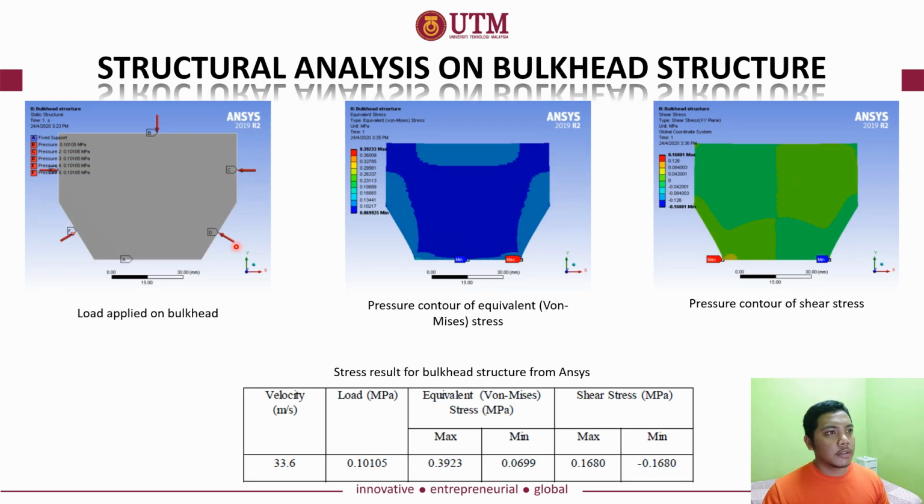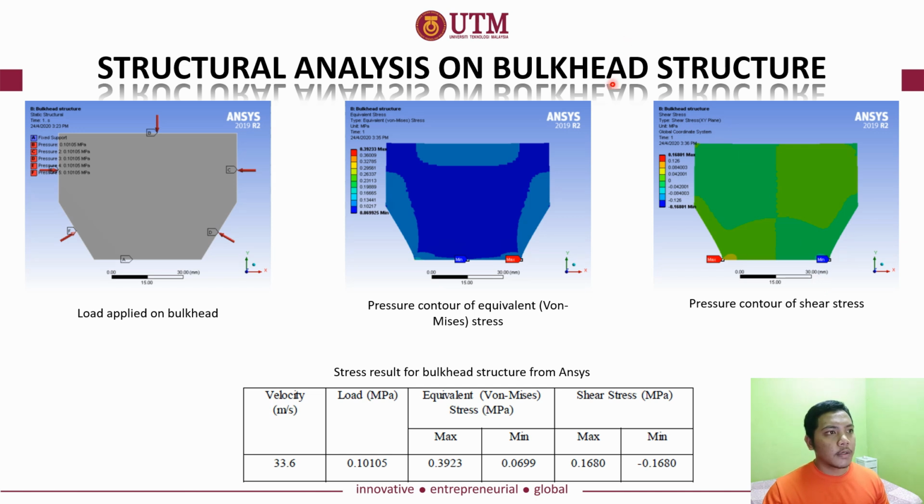Same as the previous slide, bulkhead structure analysis was done with ANSYS, and this figure shows how the load is applied on the bulkhead structure. These two figures show the pressure contour of both equivalent and shear stresses.